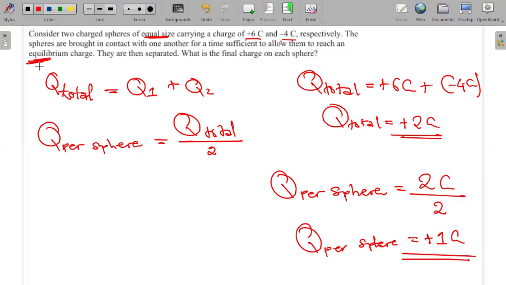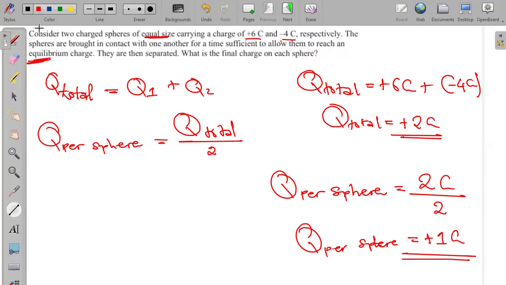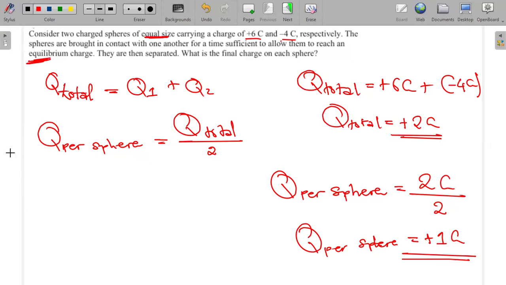So once you have a different, let me just write it here. So I'll say once you have a different charge size, I'll write it here. All right, like that.